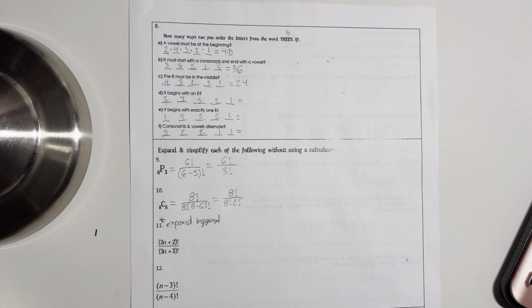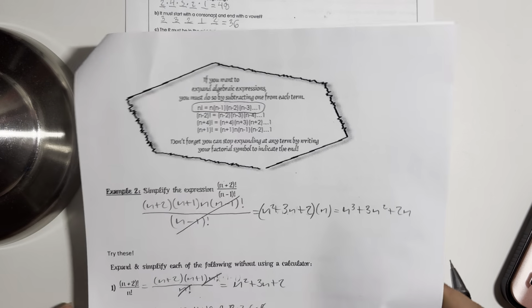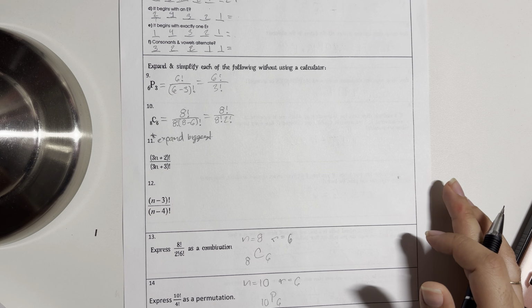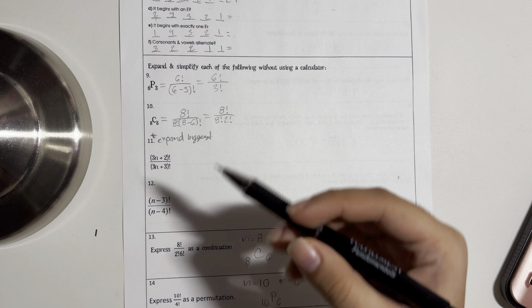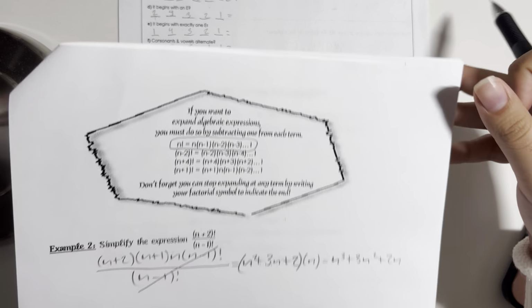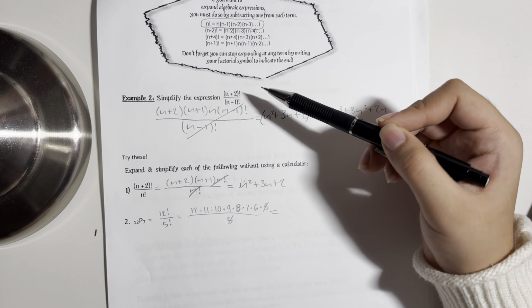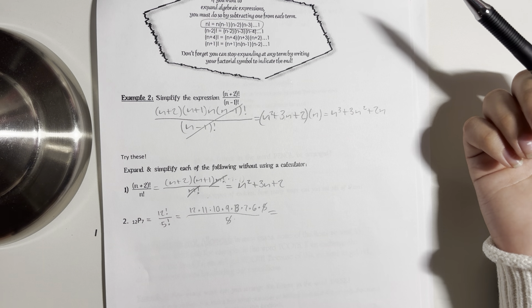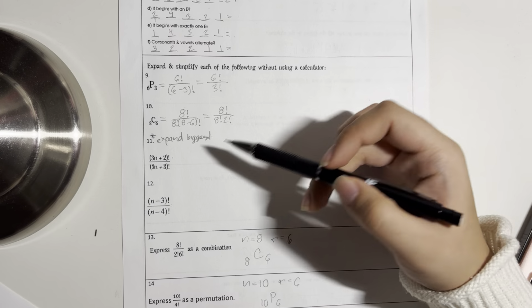And then for number 11, we would be expanding it like on the last page of the notes. Something that he told us to note is to expand the biggest. People were expanding the top, because in our examples in our notes that's what we were doing, only expanding the top part of the fraction.